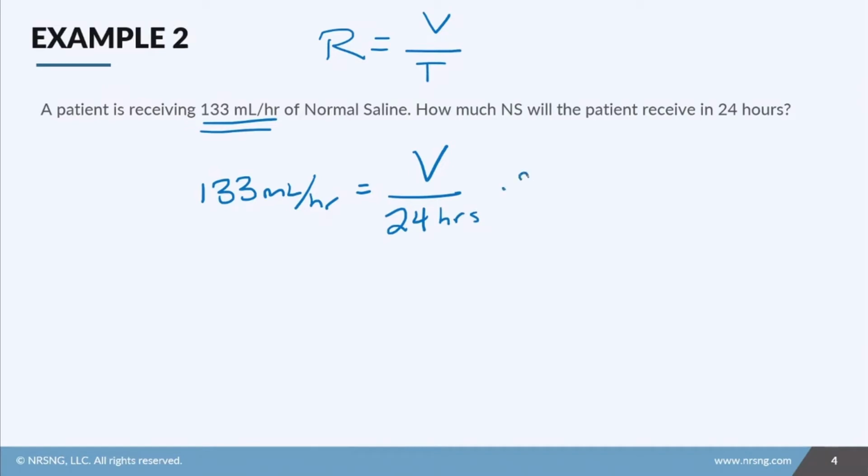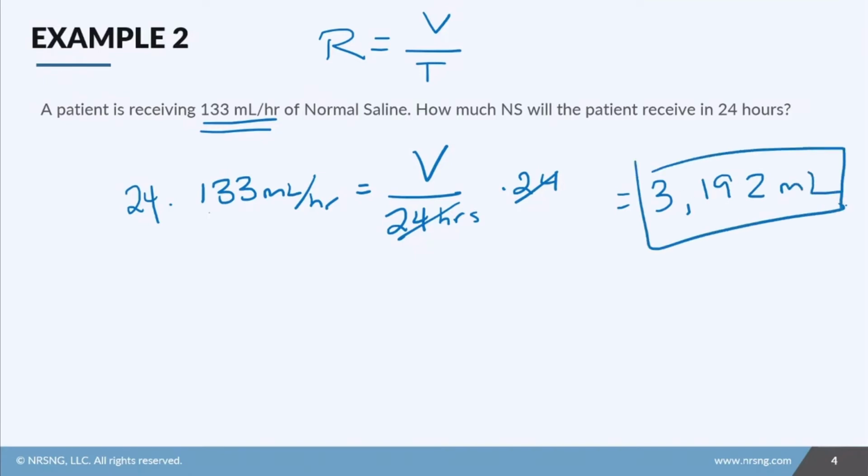Straight algebra. Times 24, times 24, these will cancel. Volume equals 133 milliliters times 24 hours, which is going to get us 3,192 milliliters in 24 hours.